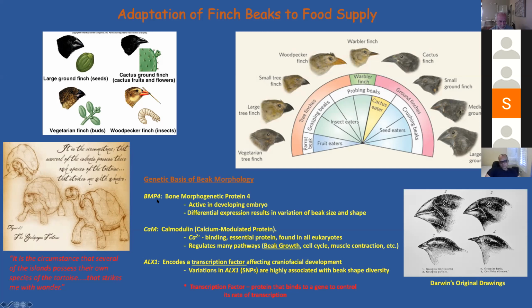One is BMP4, it's called for bone morphogenetic protein 4. It's active in embryo development, and the differential expression of this gene results in variation of beak size and shape. So one gene alone can account for some of the variation.